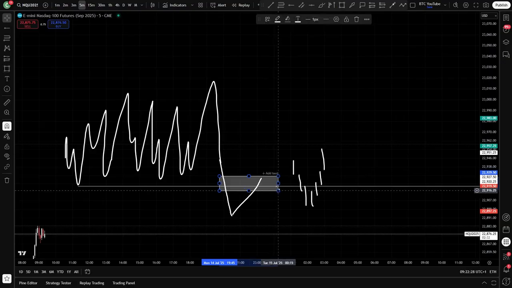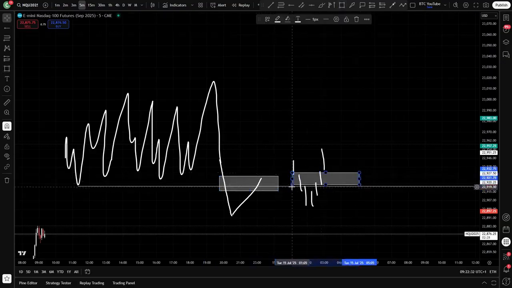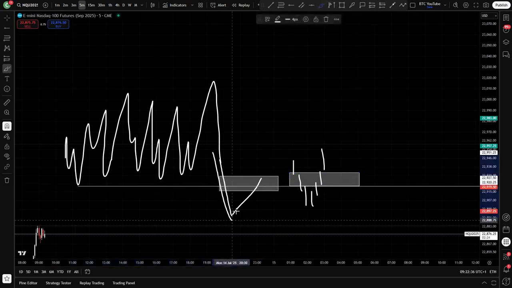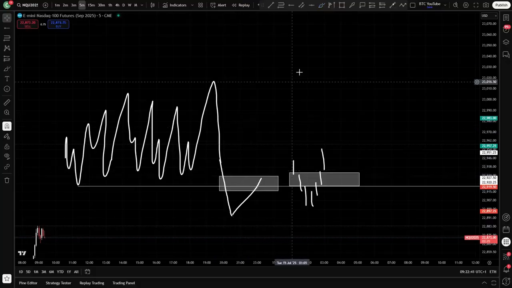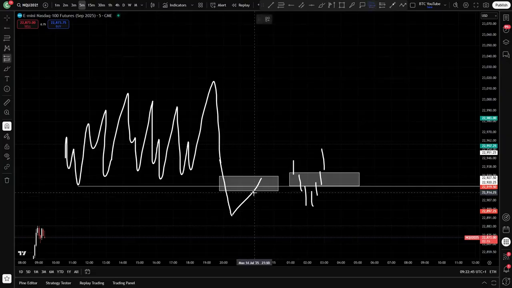And then you're looking for that nice inverted fair value gap. You can see there was one here that I just created myself. You're looking for that nice sweep of liquidity, followed by that inverted fair value gap to close back above. And then you've got your nice entry condition for continuation back in this direction. This is essentially the entry model. Very simple stuff.